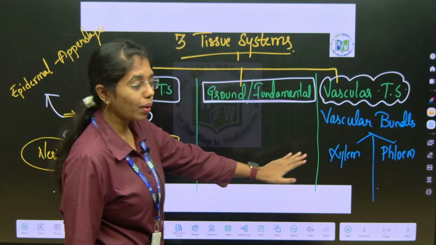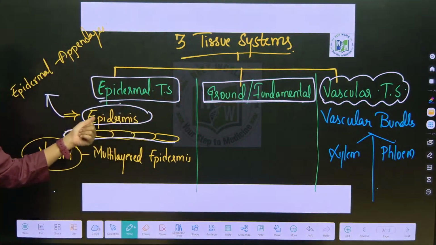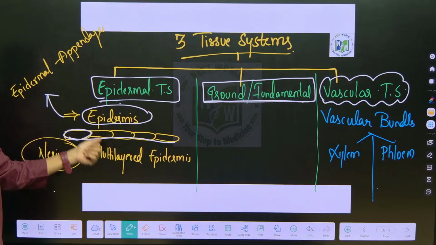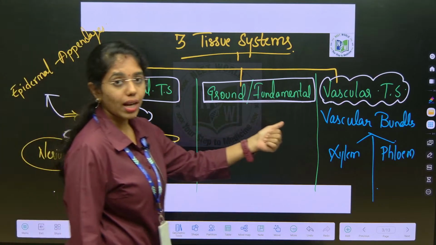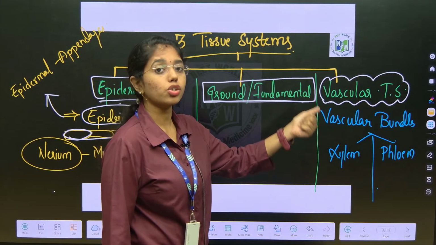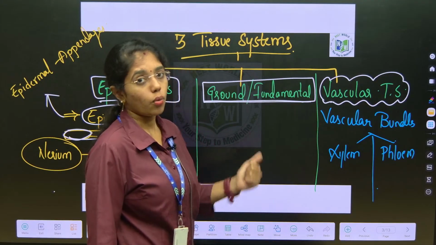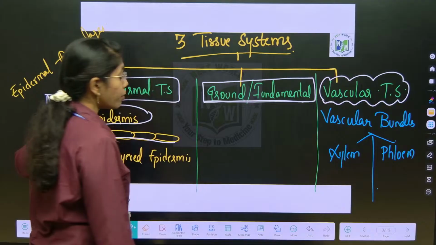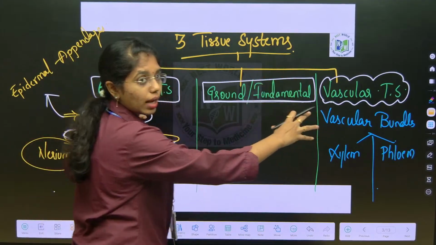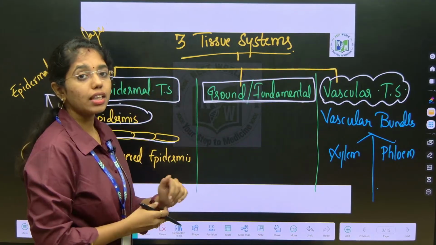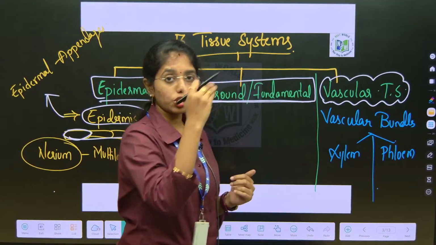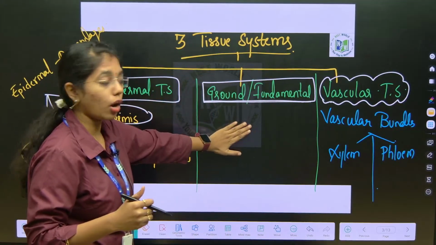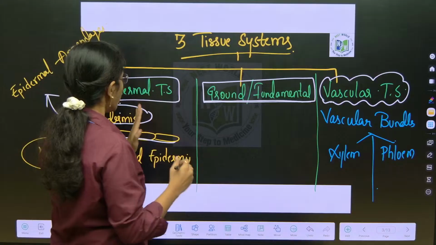As of now, remember what is included under the epidermal tissue system: epidermis. Under the vascular tissue system, what is included? Vascular bundles. Apart from epidermis and vascular bundles, all the layers in plant anatomy are included under the ground or fundamental tissue system.